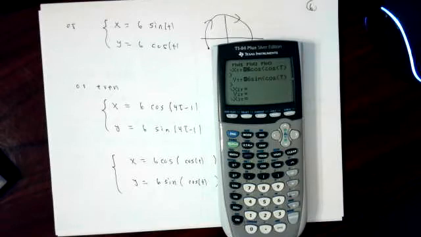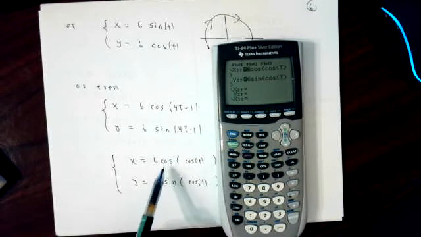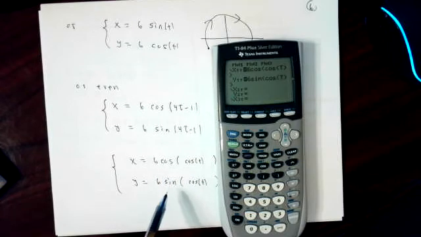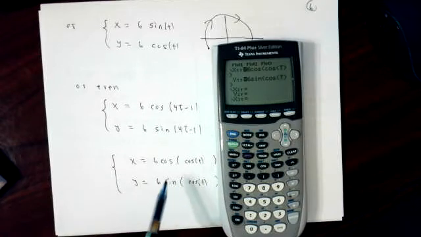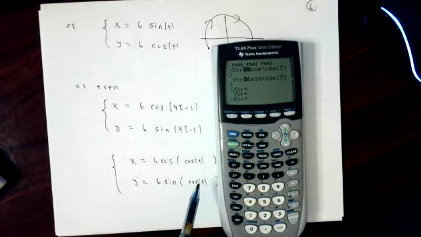So instead of putting in t or 4t minus 1, I'm going to put into the cosine and sine the same quantity, but that quantity is going to be cosine of t. So x is 6 cosine of t, and y is 6 sine of that same cosine t.